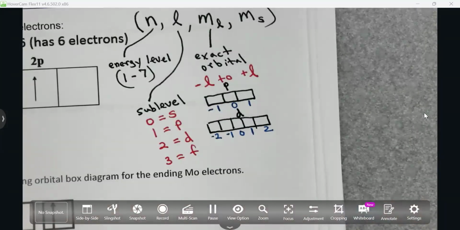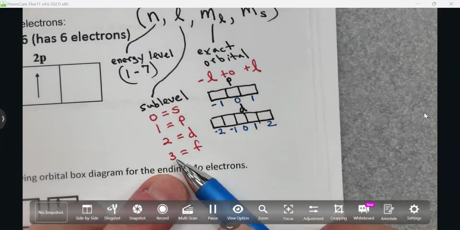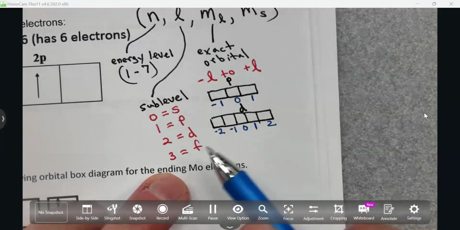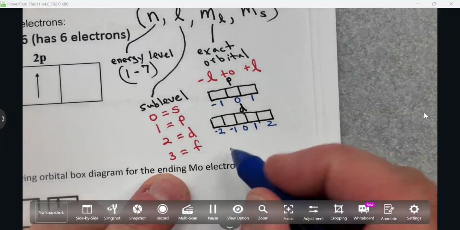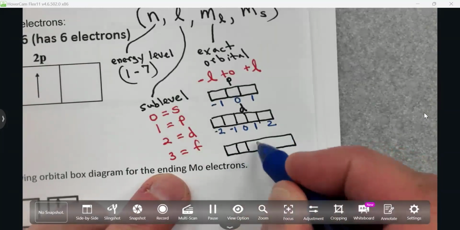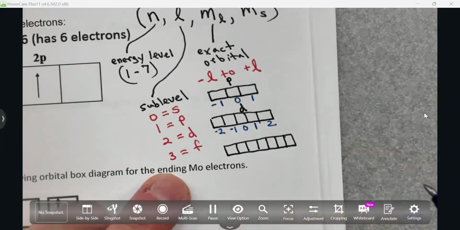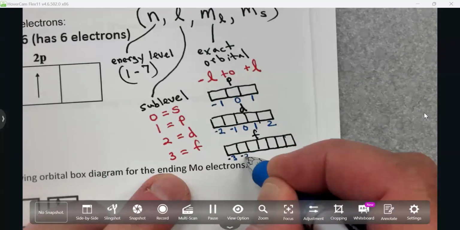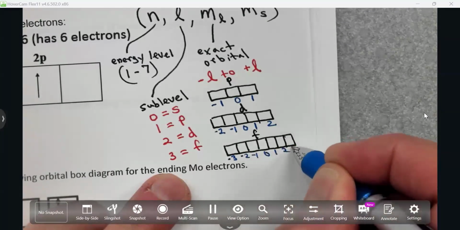That's what we mean by minus L to plus L. And if we had an F, -3 to +3, that would be 7 orbitals, correct? 1, 2, 3, 4, 5, 6, 7. So it would be -3, -2, -1, 0, 1, 2, 3.